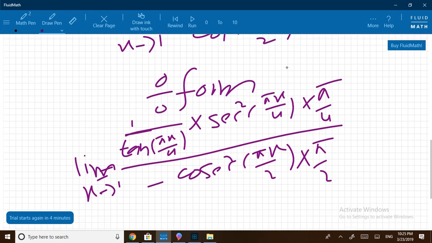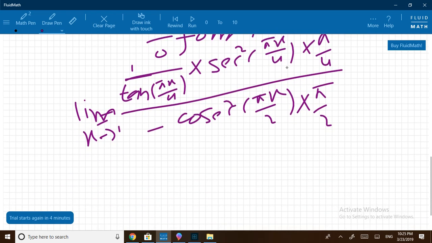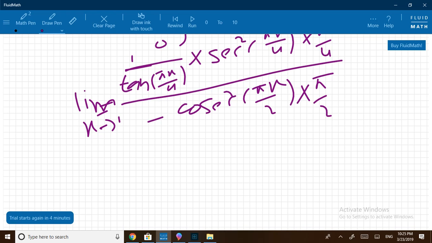Now we just simplify, and after simplifying I am applying the limit.